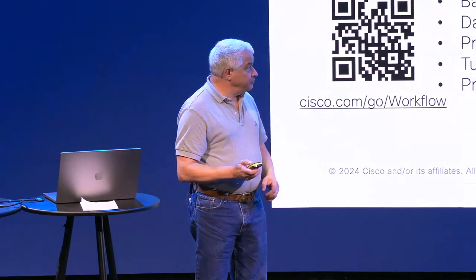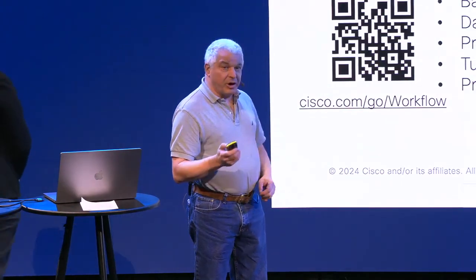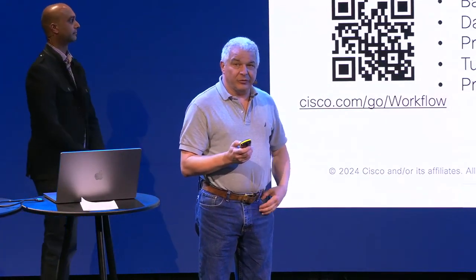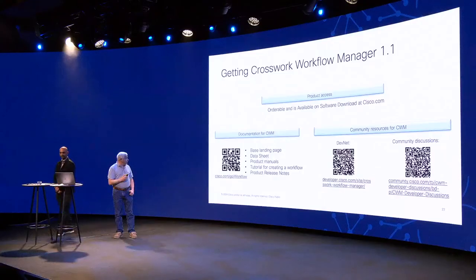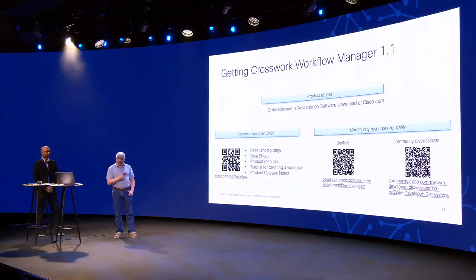All right, I'm going to just briefly summarize where you can get more information on CWM. The product is available on software download at cisco.com and orderable. We have documentation on the regular Cisco software download sites, so you can get to the data sheet, the base landing page.